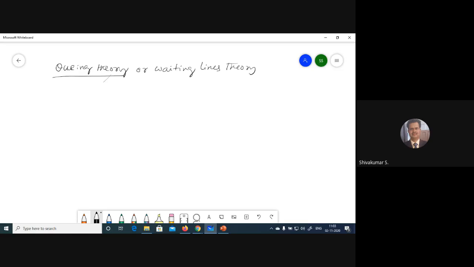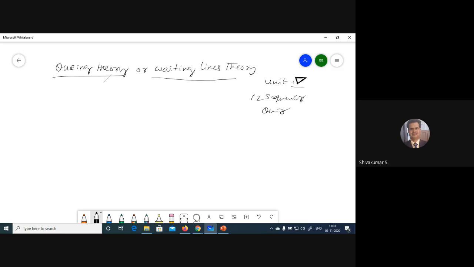Here is one more small chapter in unit number 4. Unit 4, so you have 2 things. One is sequencing, and the second thing is queuing theory. Okay, queuing theory.